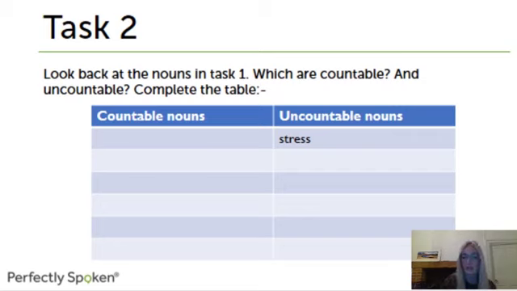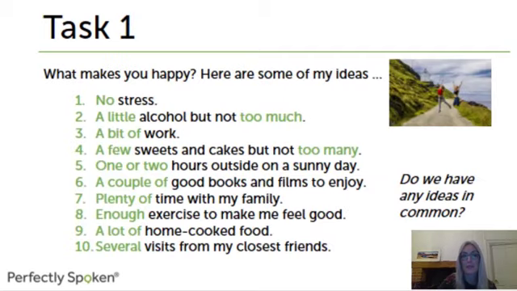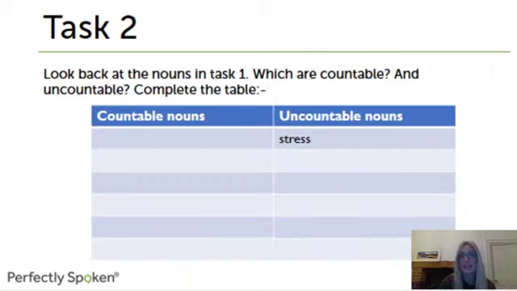If we look back, number 1, no stress. Stress is the noun, and as you can see here, it's an uncountable noun. So put it in that column.